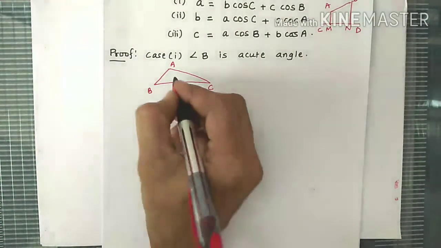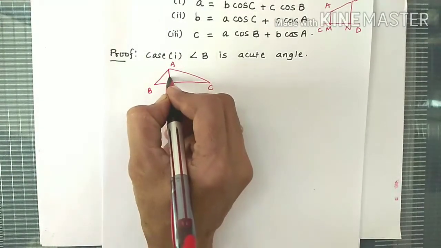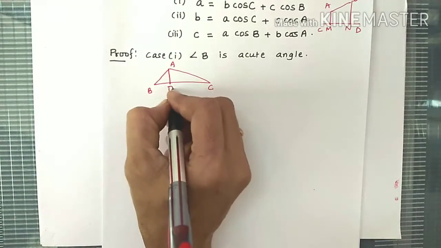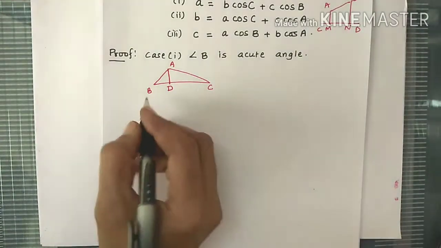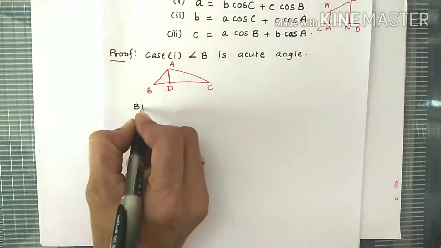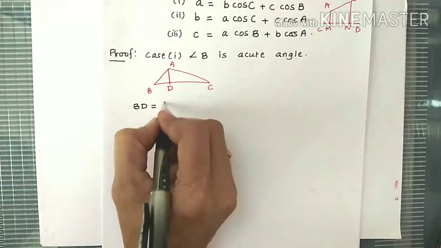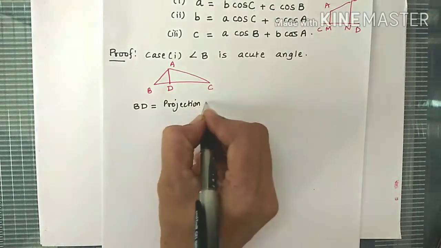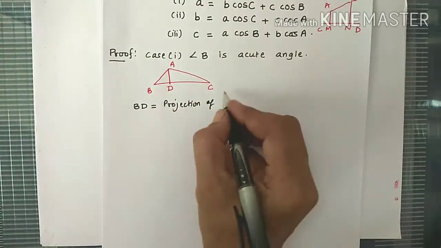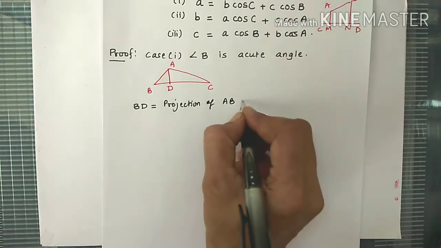So B is acute angle. So draw perpendicular from A on side BC. So BD is projection of AB on BC.